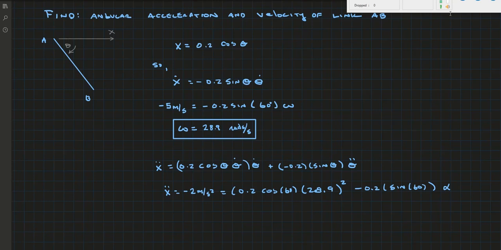And we can solve directly for our angular acceleration since it's the only unknown here.